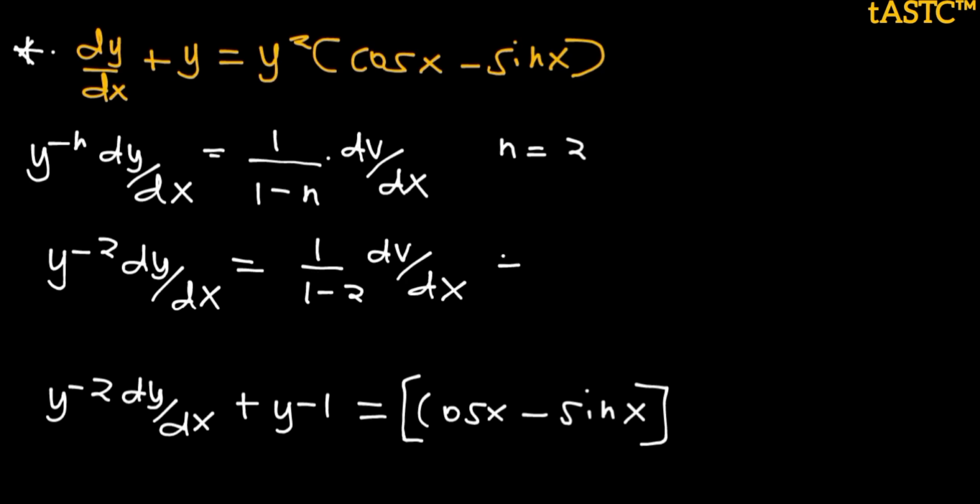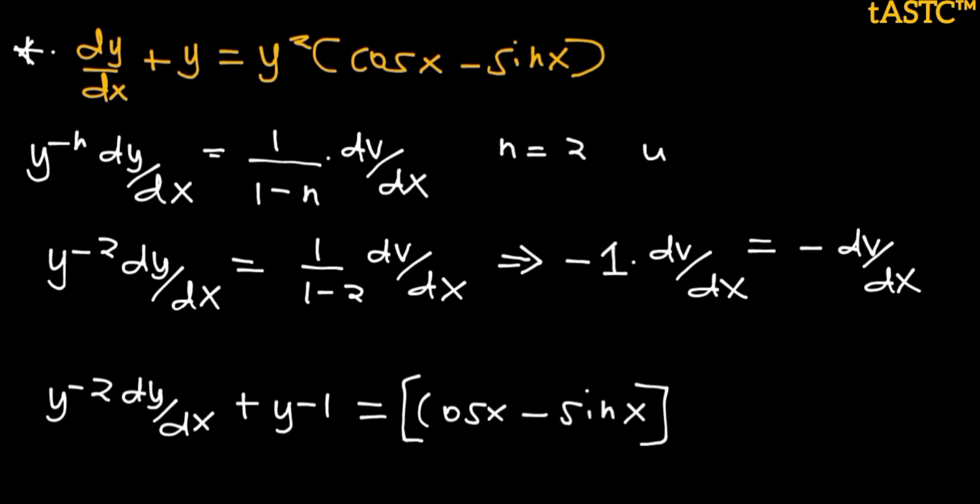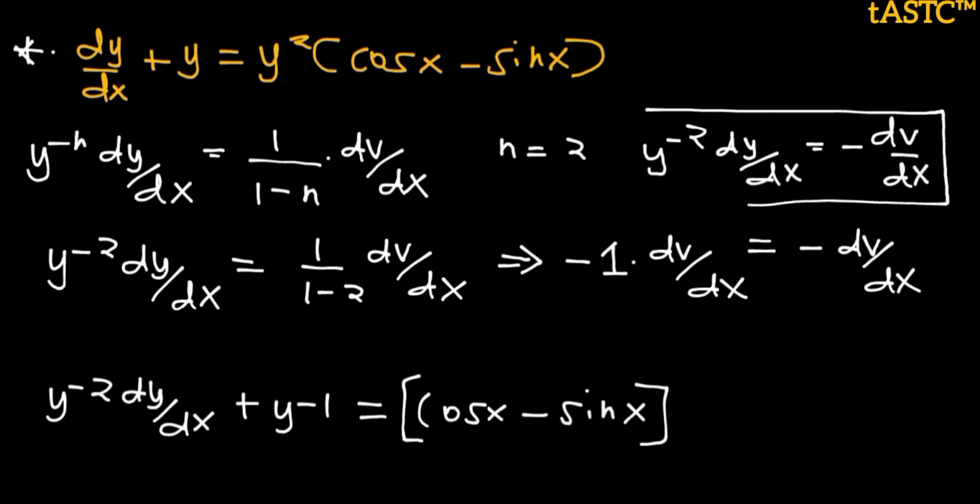So we should have a negative 1 multiplied by dv dx, right? So this is basically a negative dv dx sticking out there, okay? So that is what we have. I'm going to write it here. y to the negative 2 dy dx is equal to negative dv dx, okay? First extrapolation.